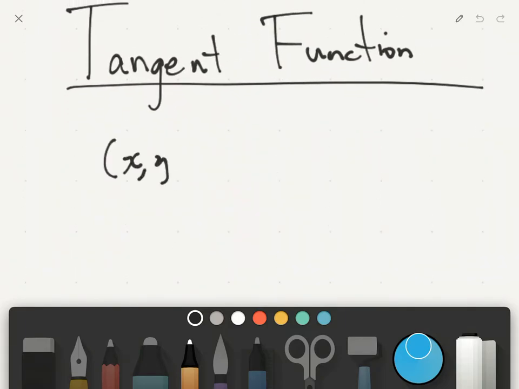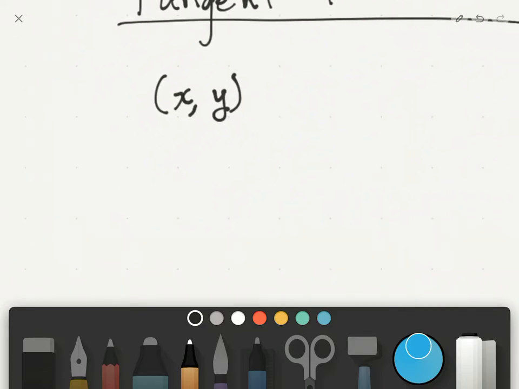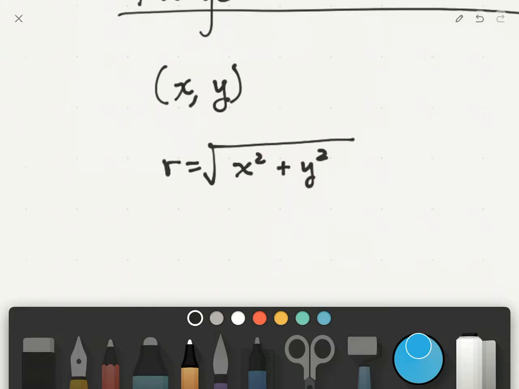If we know x and y, all we need to know are these two coordinates, just for a plane. From that, we can use Pythagorean's theorem to calculate its distance from the origin.